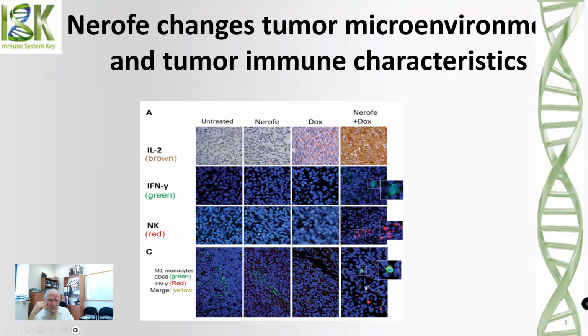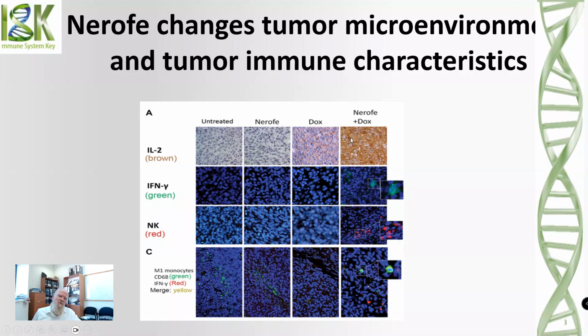What about the microenvironment? Very interestingly, when we stained the biopsies for anti-interleukin 2, you can see that in the untreated, treated with Nerofe, and treated with DOX, there is almost no interleukin 2 expression.